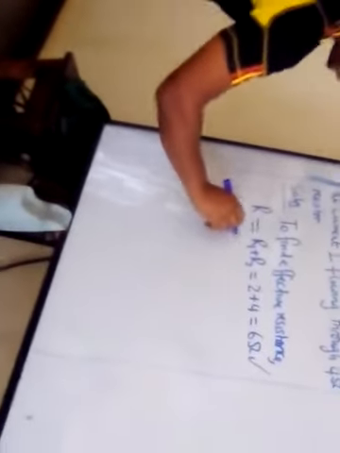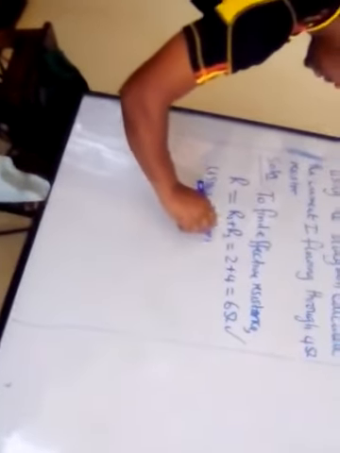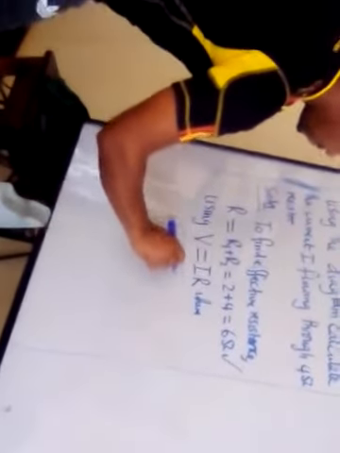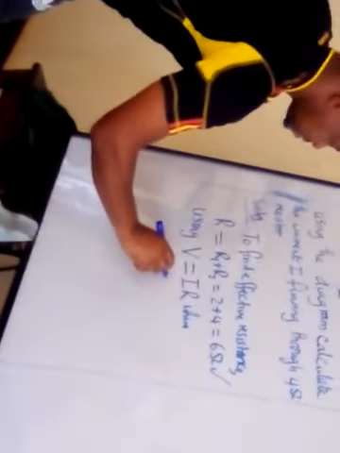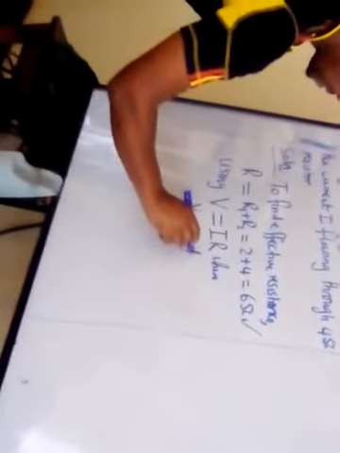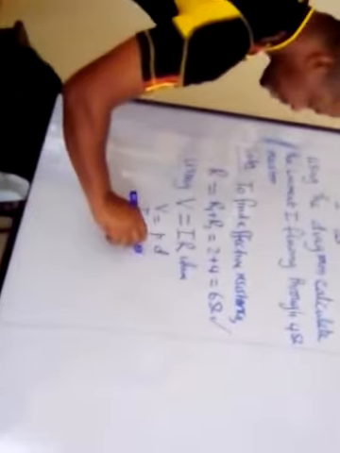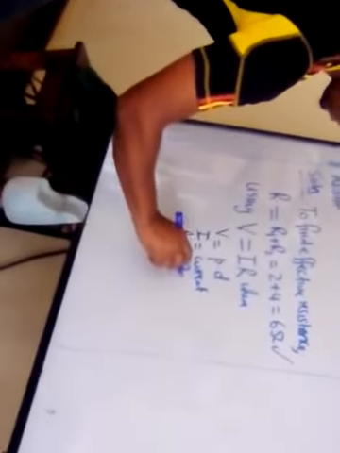Then we shall use Ohm's equation, that V is equal to IR, where V is the potential difference, I is the current we are looking for, and R is the total resistance which we have got.